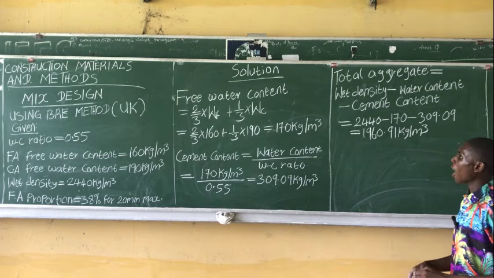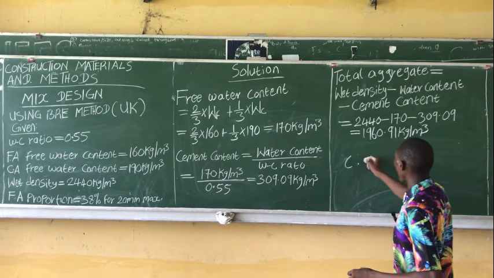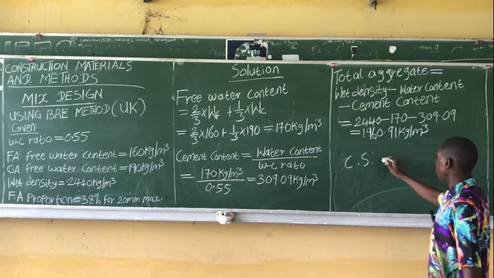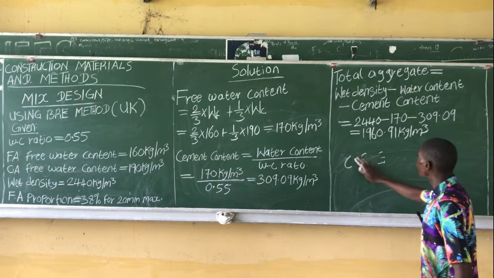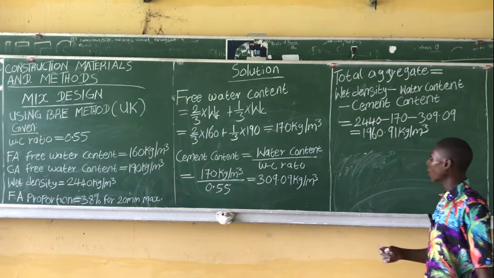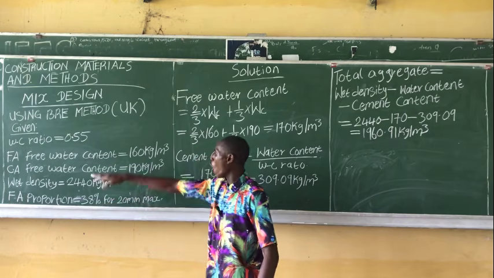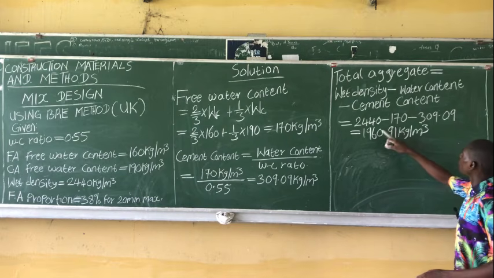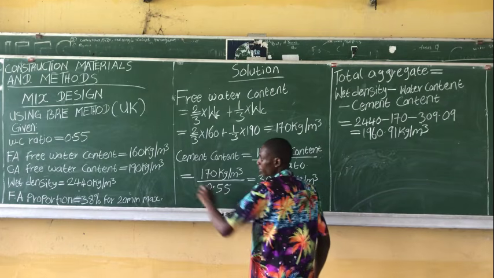Now we know for our mix design, we have our cement, we have our fine aggregate, which we can also call sand, and then we have our coarse aggregate, which we can use granite. So we need to get the weight of the fine aggregate and the weight of the coarse aggregate. How do we get that? From the given problem, the proportion of fine aggregate is 38%. So in this total aggregate weight, which is 1960.91, fine aggregate occupies 38%.